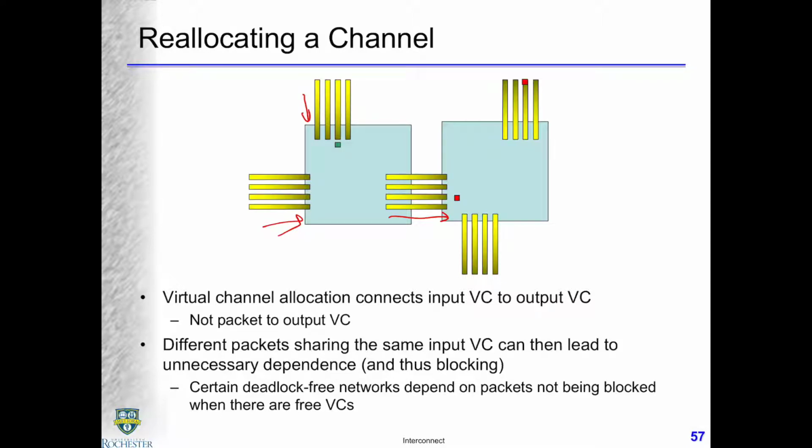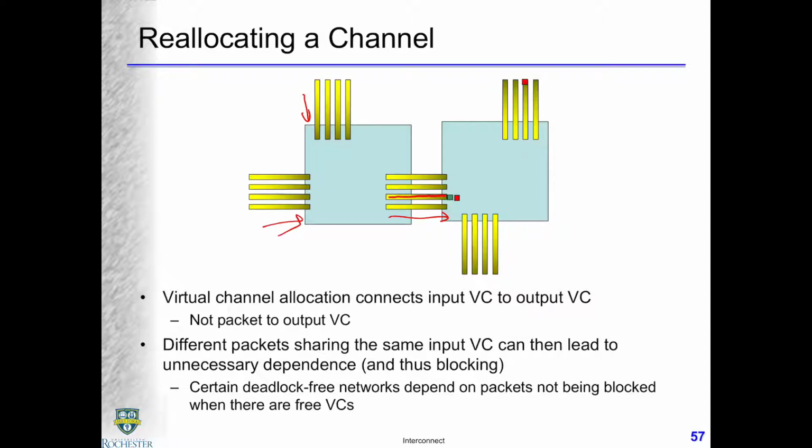So the red packet used a virtual channel, let's just call that VC3, and then it's gone. Now, is the VC free for the green packet? Okay, if you want to use the buffering resource there, you can say, okay, I can send it over, right?